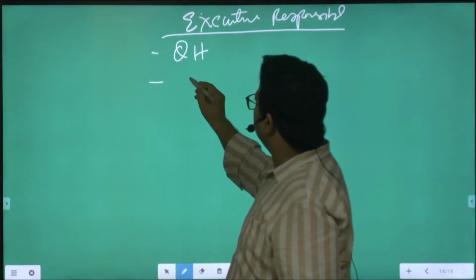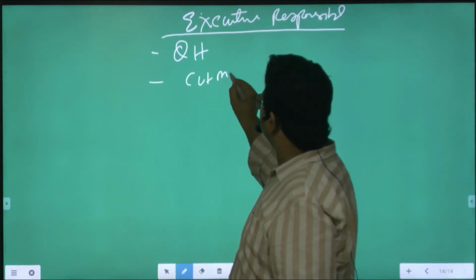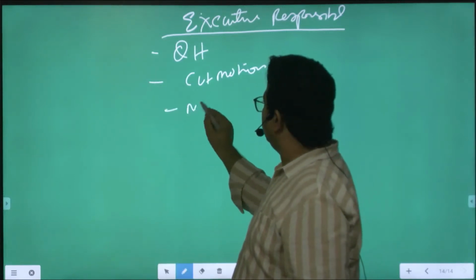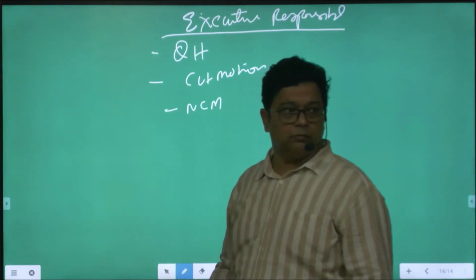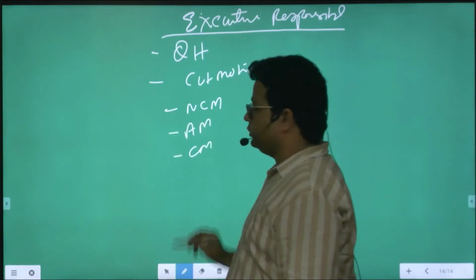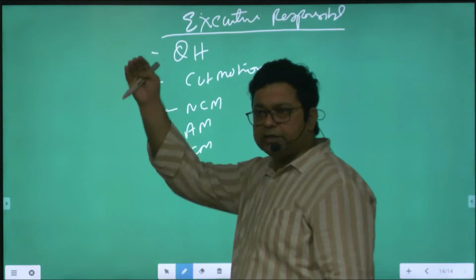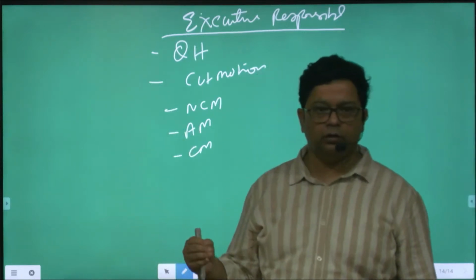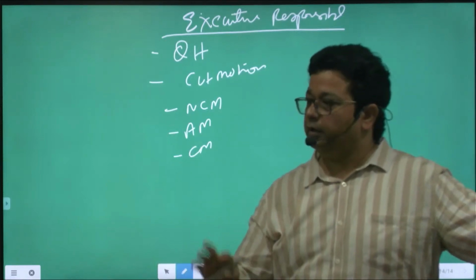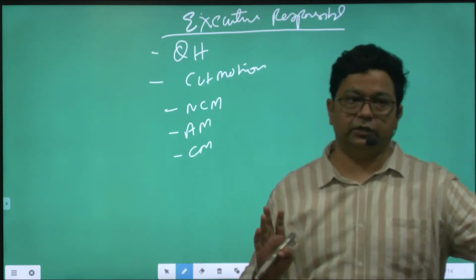Then through cut motion, through no confidence motion, through adjournment motions, through censure motions. These are the ways through which the responsibilities of the executive are held by the legislature.